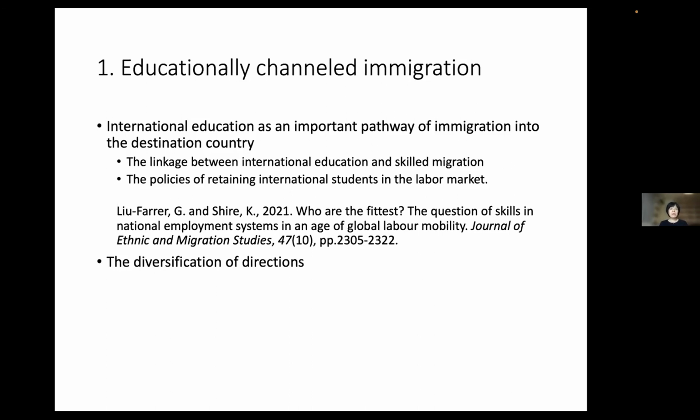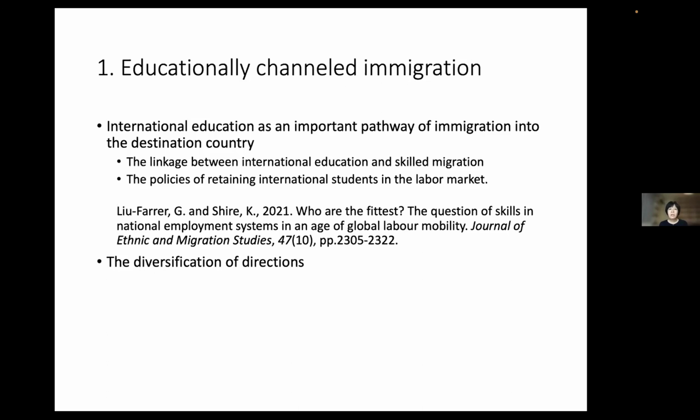However, I just want to mention that traditionally, the mobility of students go from, say, Asia or Africa to North America, in particular, like United States and Canada, and also many will go to Australia, and mostly English-speaking countries. Recently, there is a diversification of directions. Not only North America and English-speaking countries have attracted many students.